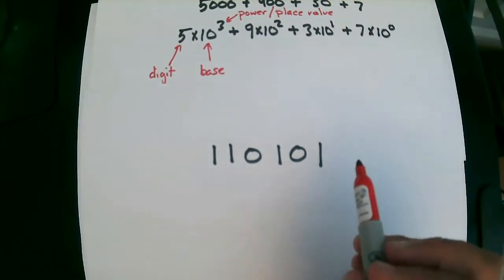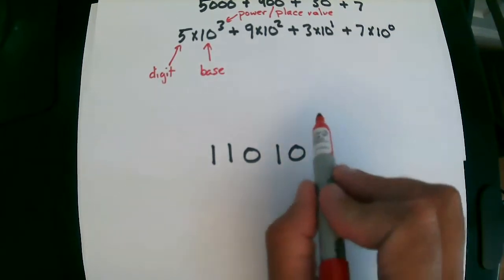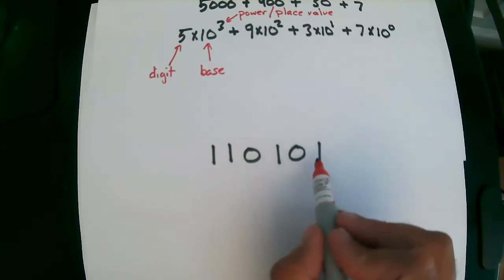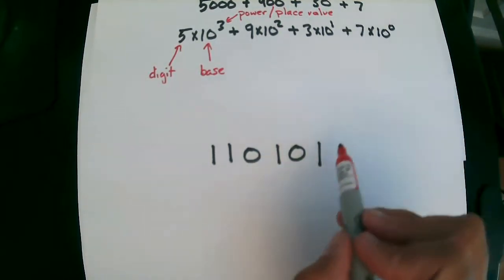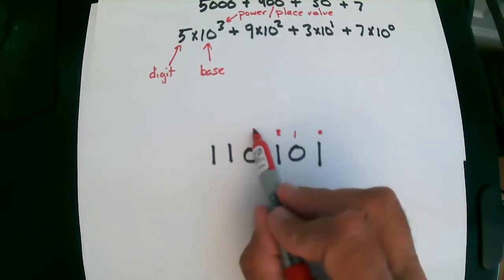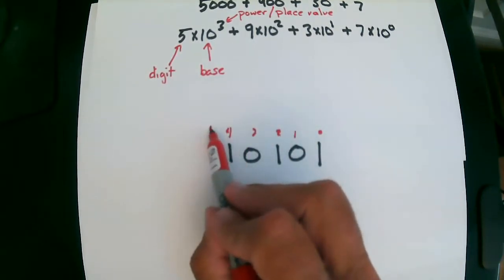When we look at this, I'm going to take each different term, and I still have the same place value power. This would be the 0, the 1, the 2, the 3, the 4, and the 5.